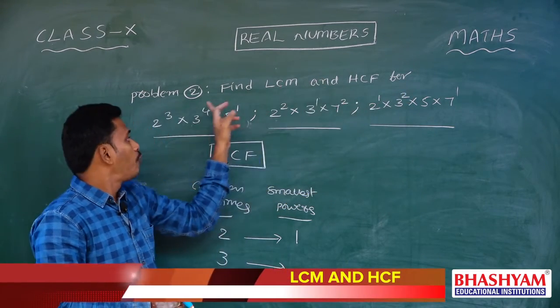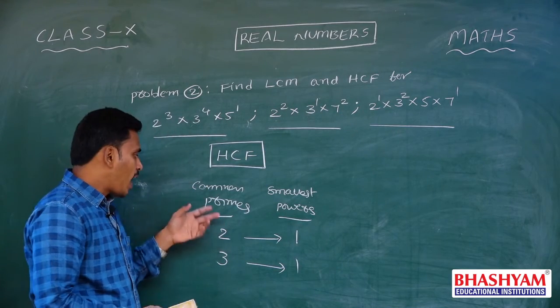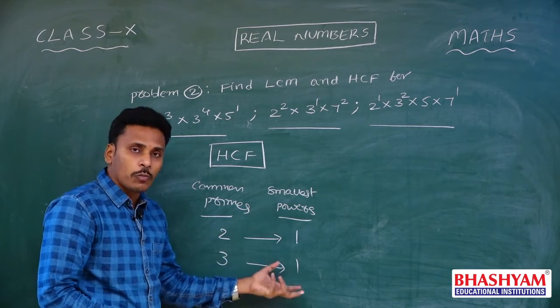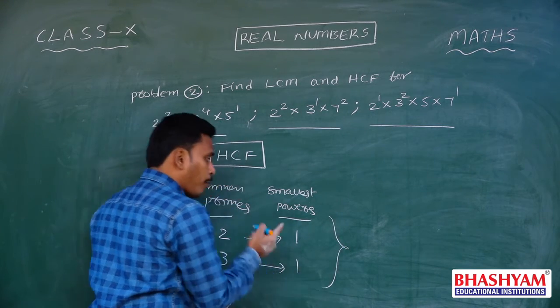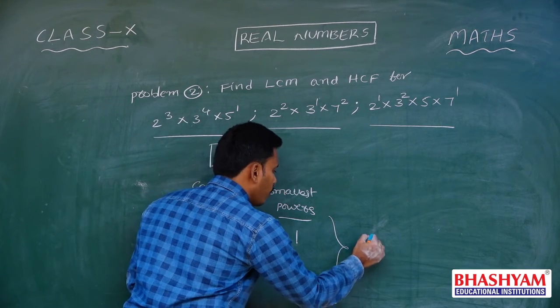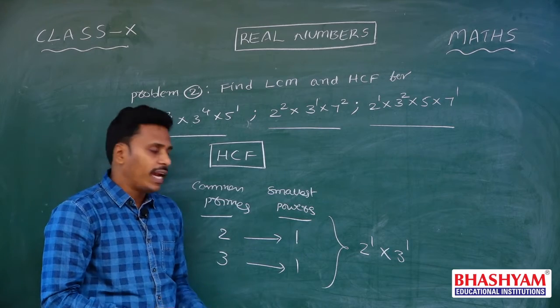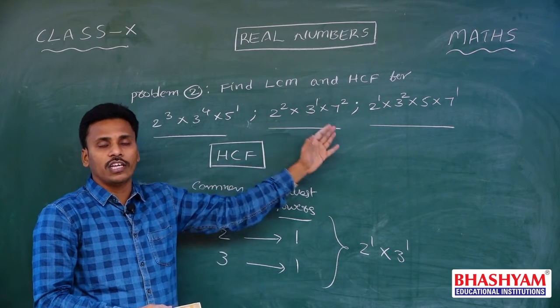Among these powers, 4, 1 and 2, the smallest power is again 1. So I have common primes along with the smallest powers, and the product of the smallest powers of these common primes is the HCF. So 2 power 1 into 3 power 1 is the HCF. At the end, 6 is the HCF of these three given numbers.